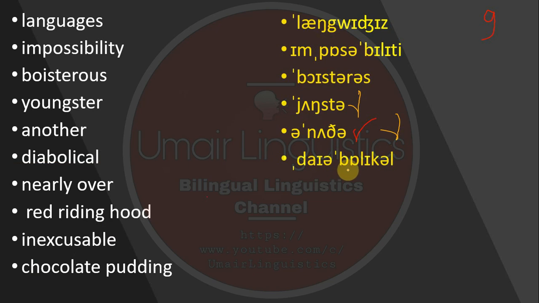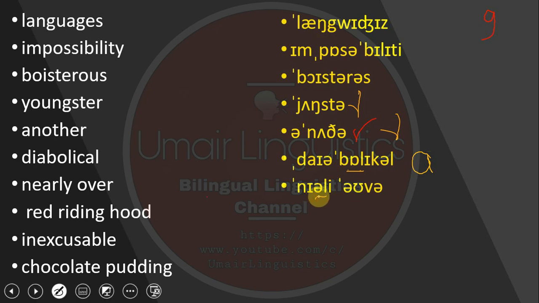Diabolical, so it is bo, but if you transcribe it in American English, instead of this o there will be a different vowel. Diabolical. Then nearly over. If you transcribe it in American English, after this schwa we also have this r sound, so it will be nearly over.